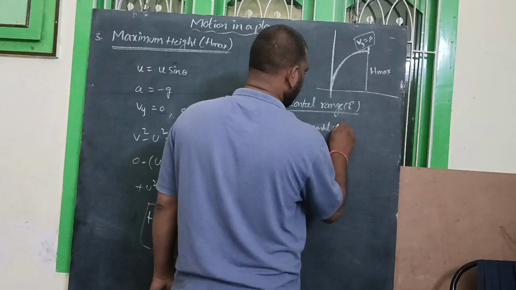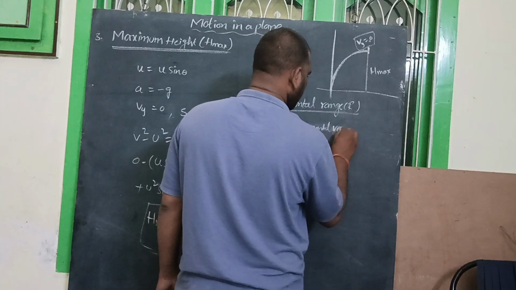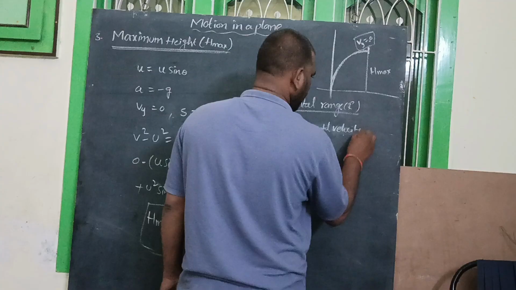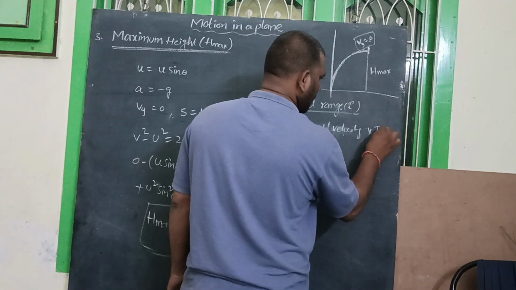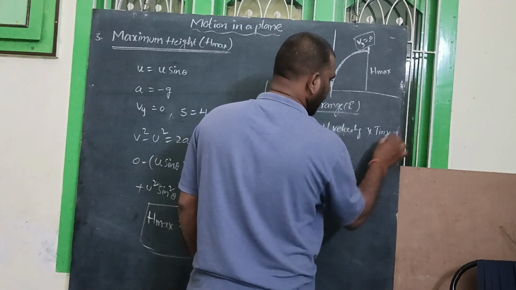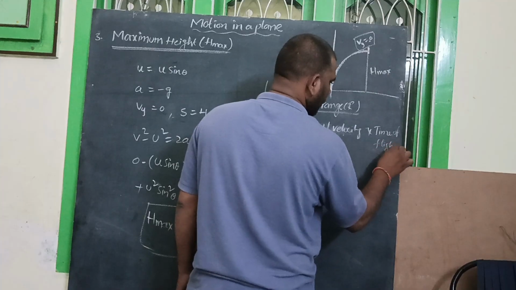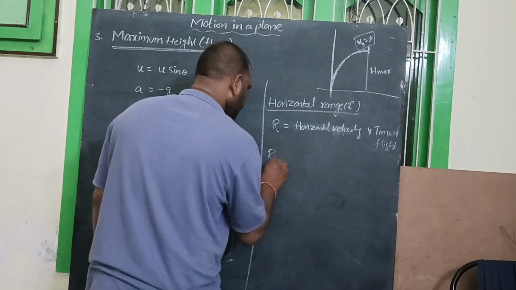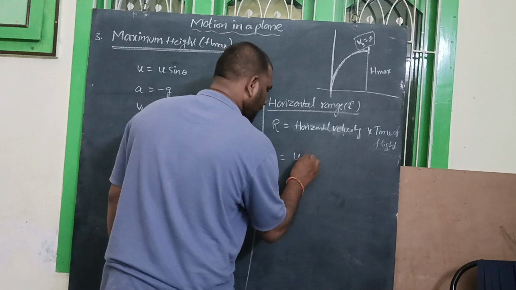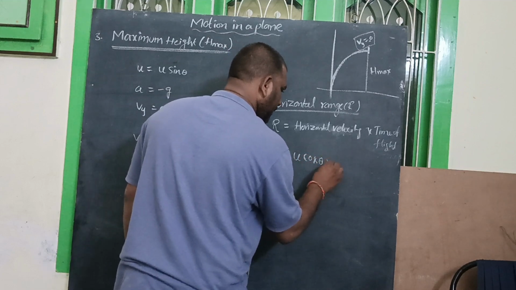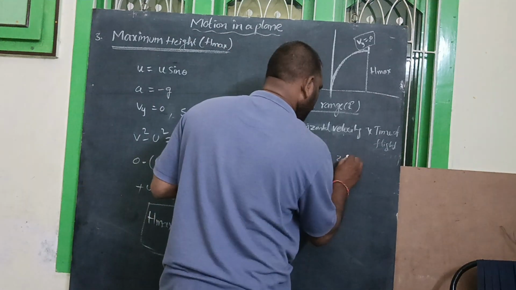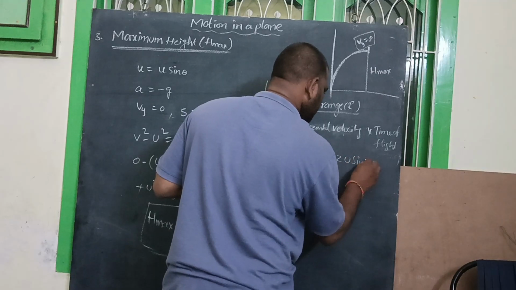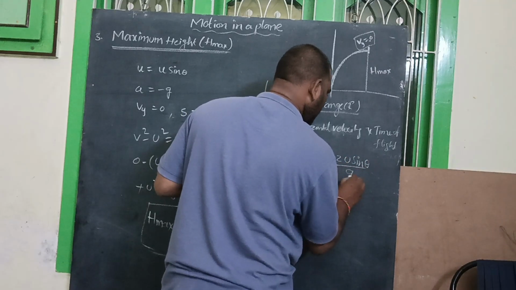Horizontal velocity is u cos theta, and time of flight is 2u sin theta by g.